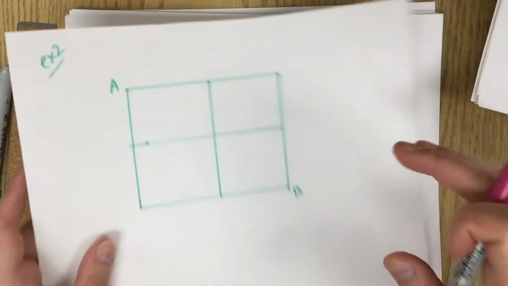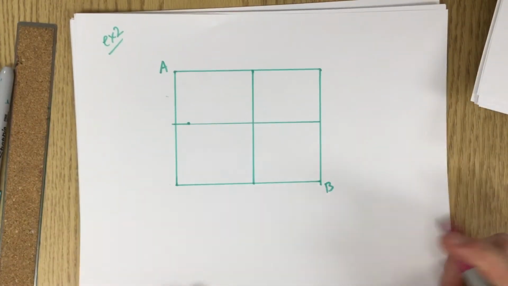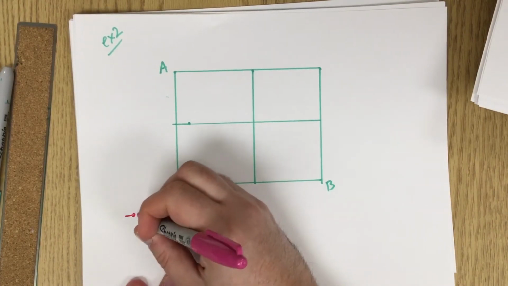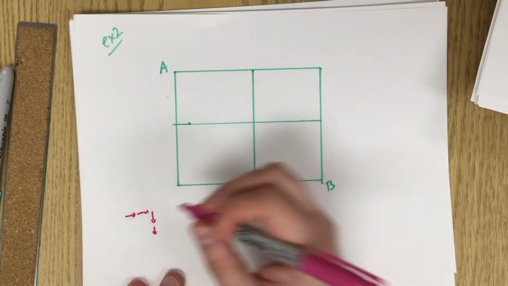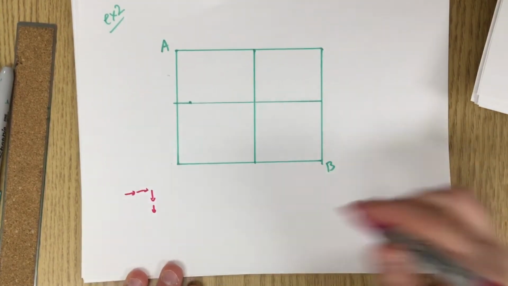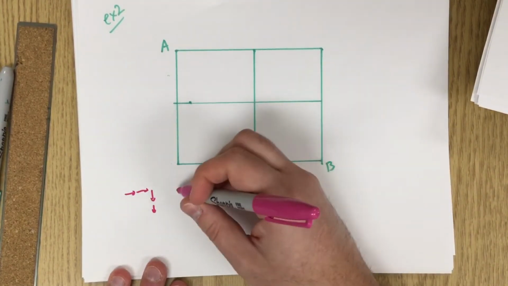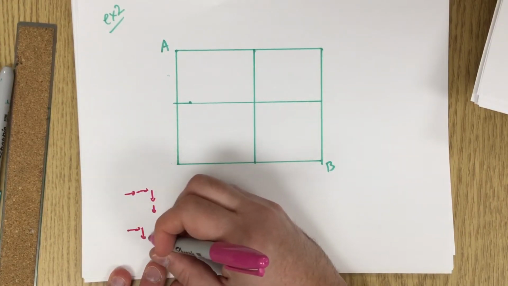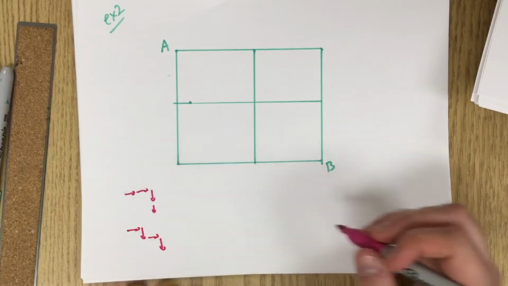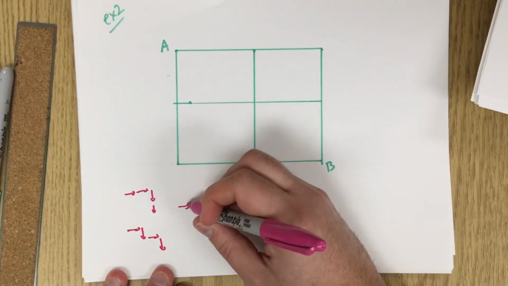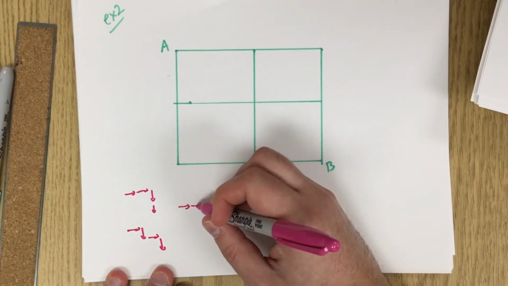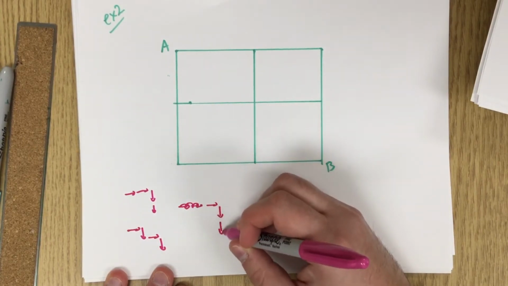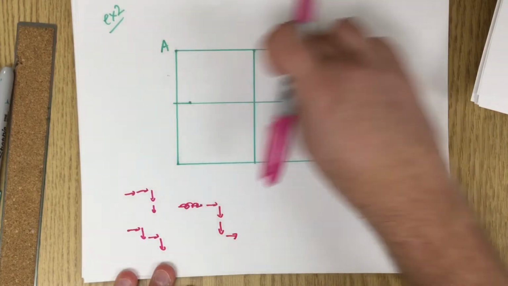Let's look at example 2. Same idea, we want to get from there to there. We could go right, right, down, down.